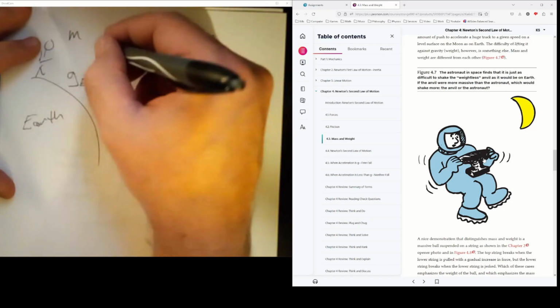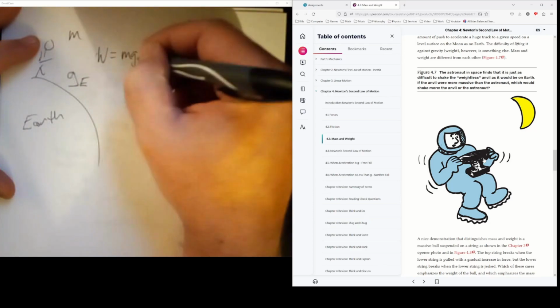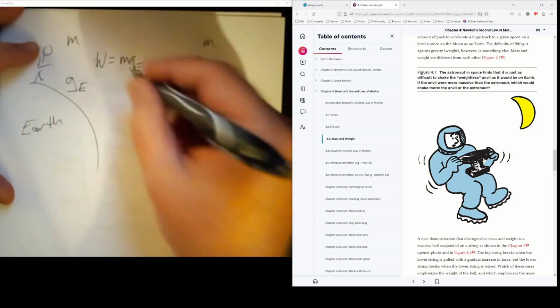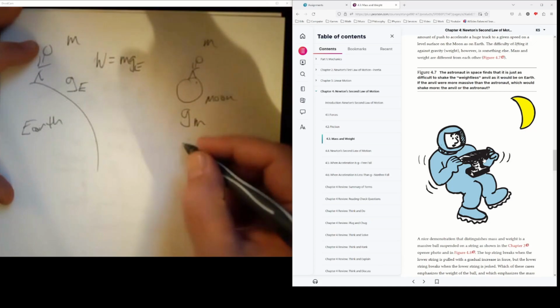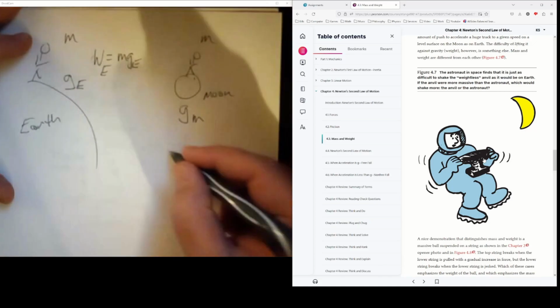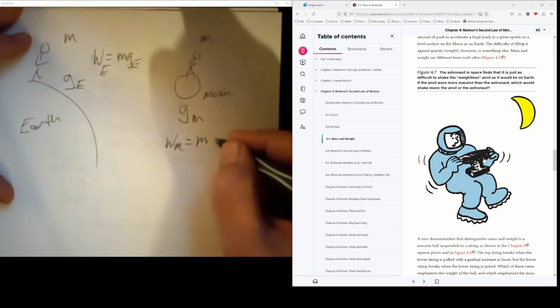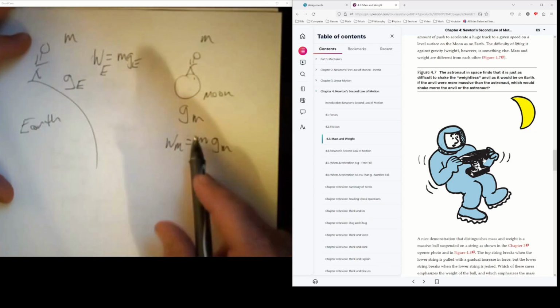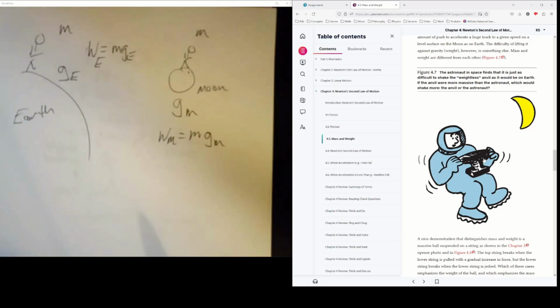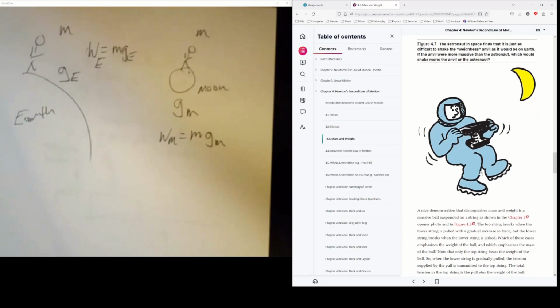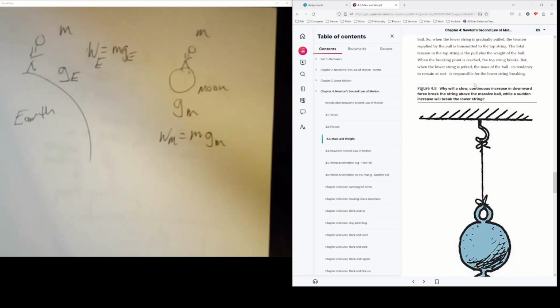So your weight on Earth is m times gravity due to the Earth, which is 10, and your weight on the moon is your same mass times the acceleration due to the moon. I think it's a sixth. That's what they're talking about there.